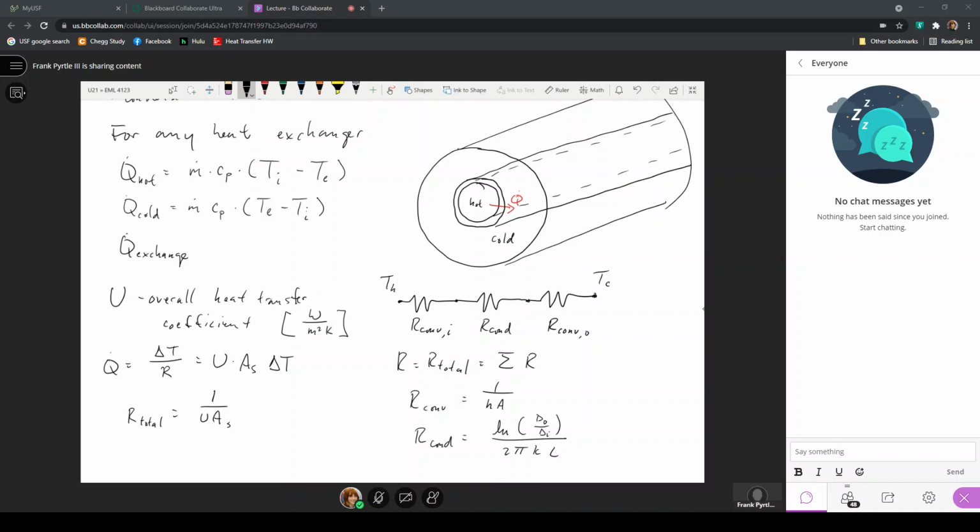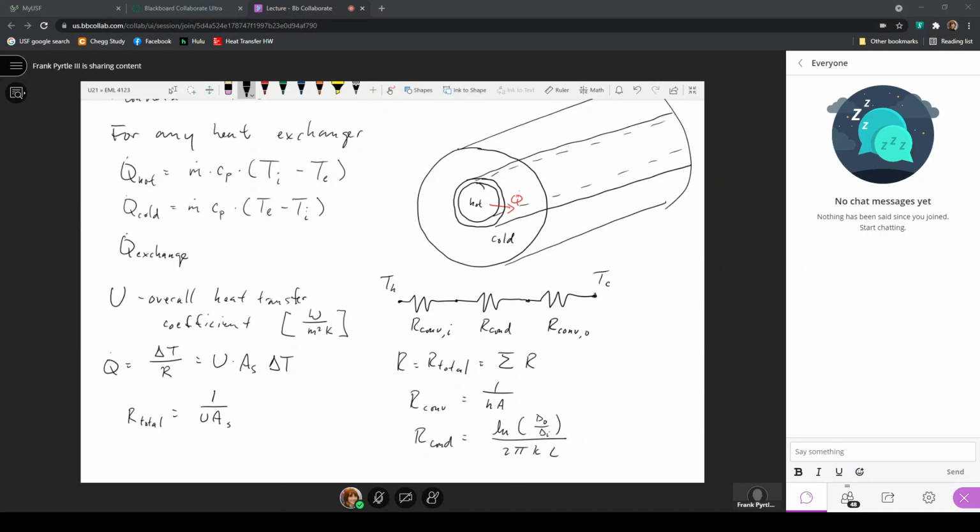Here we have two of them for the convection processes that will be responsible for getting energy out of the hot fluid and into the cold fluid, along with the resistance due to the conduction that would have to occur through the pipe that separates the two fluids.